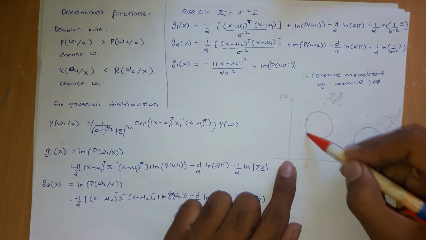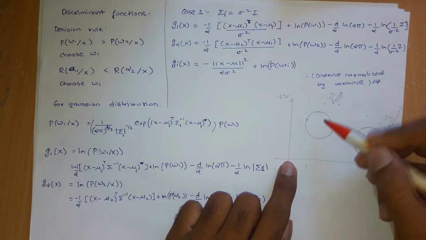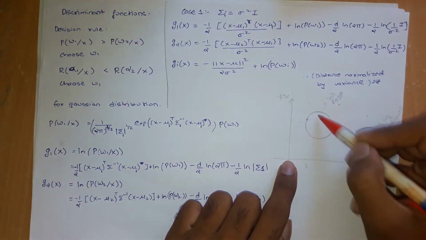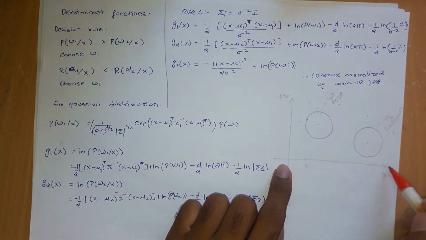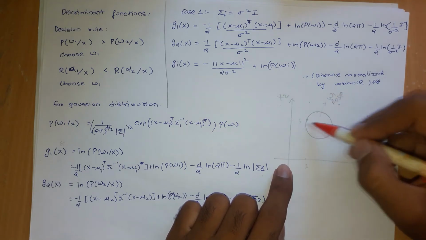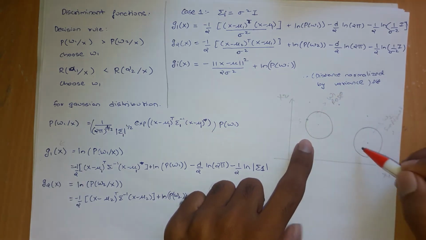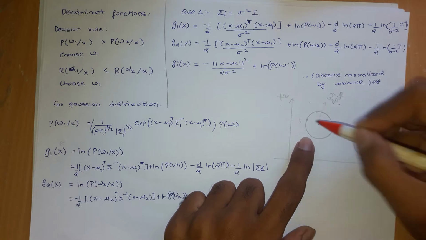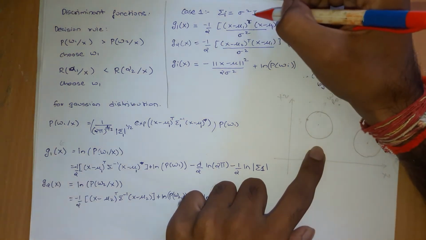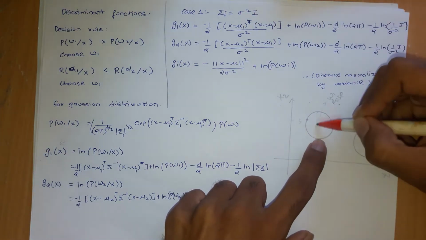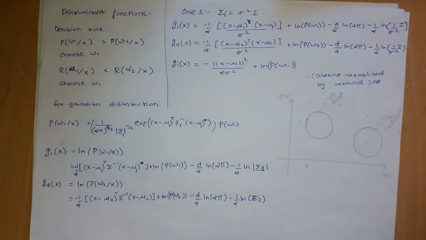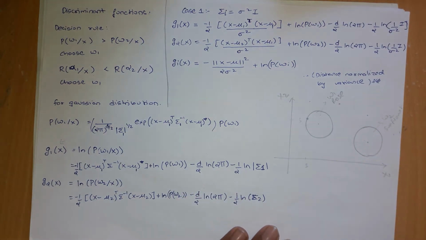So I am having a circle. Because sigma square I means equal variance on both the sides, so x1 and x2 are having equal variance, so this forms a circle. And since for both the classes my covariance matrices are the same, hence the circle's radius will be the same for both the classes. So this is the case 1 that I am taking.